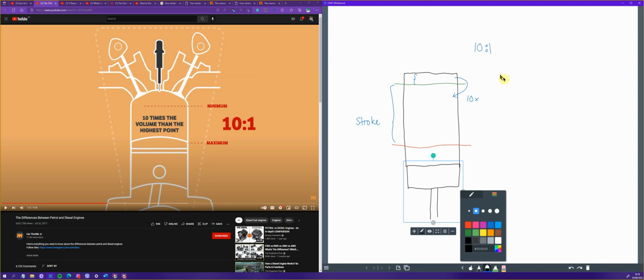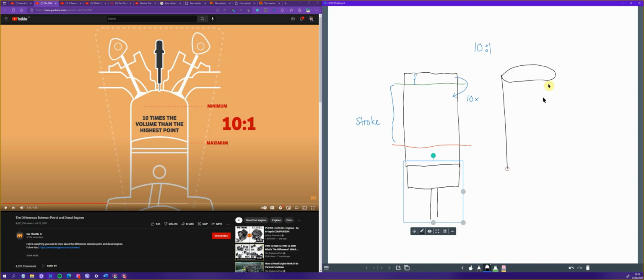So if I'm going to make it cylindrical, ito yung magiging volume niya.